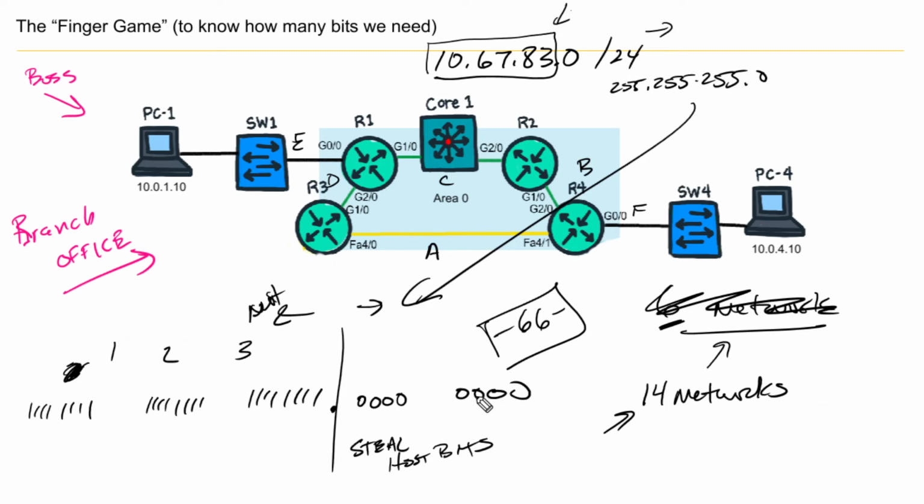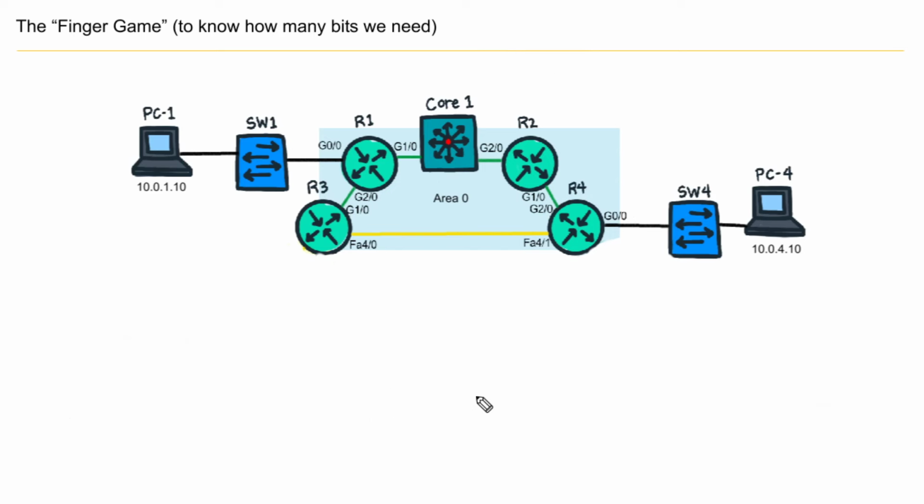Let me go ahead and clear off this screen. And with that cleared off, let's imagine that we've been given the network 172.16.0.0 with a, let's actually change that.